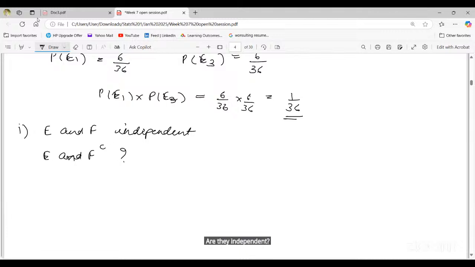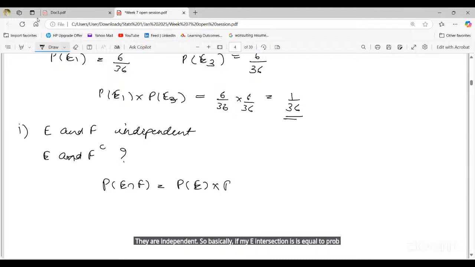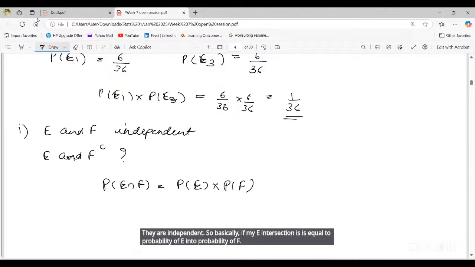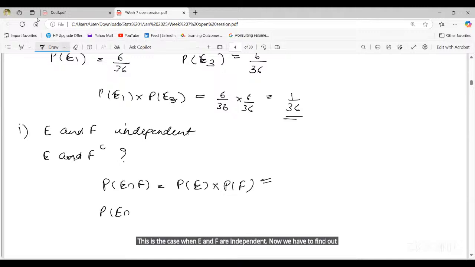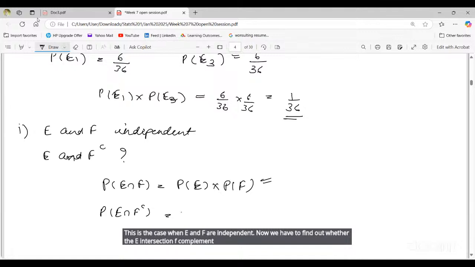If E intersection F is equal to the probability of E into the probability of F, this is the case when E and F are independent. Now we have to find out whether E intersection F complement is equal to the probability of E into the probability of F complement.